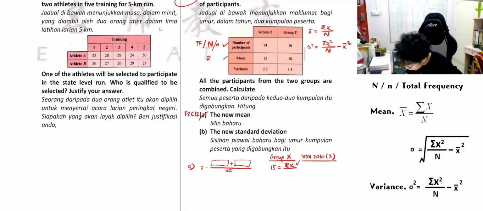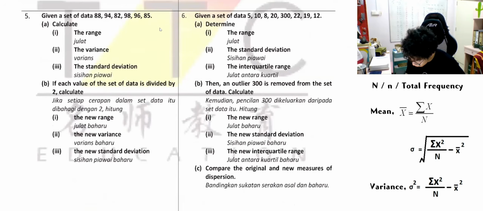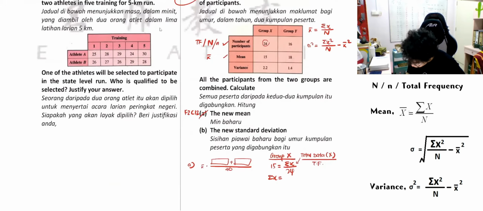Then you have to divide by the total frequency. As you can see, the total frequency for X is 24. So sigma X, the total of X, is supposed to be 24 times 15, which is 360. This is the correct way to handle it.